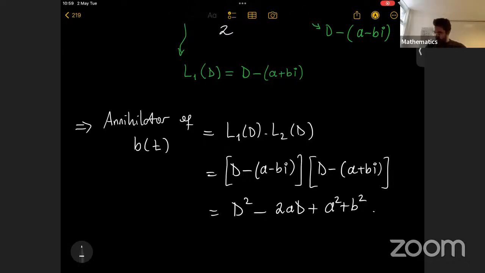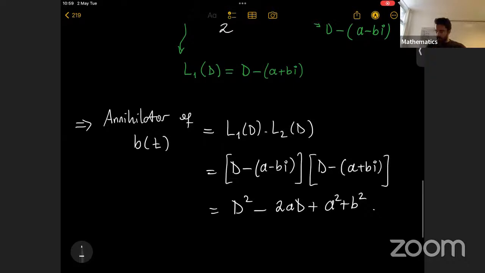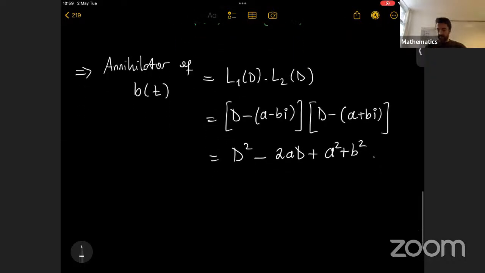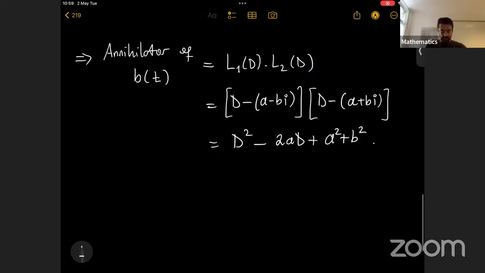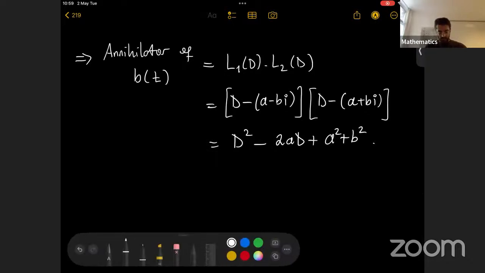All right, let's continue. Basically you need to know all these basic annihilators and that's it. Once you know the basic annihilators like this, you can solve many differential equations.